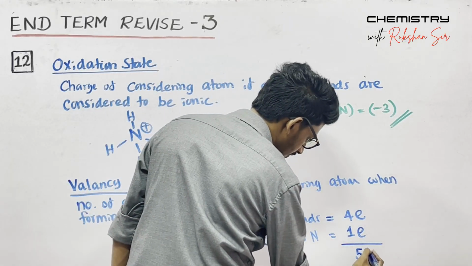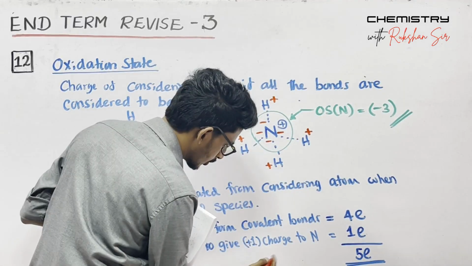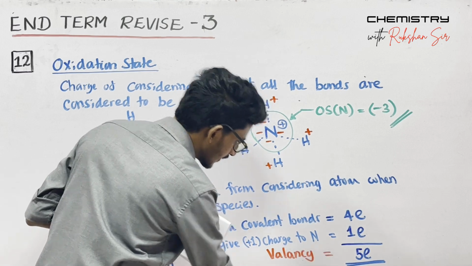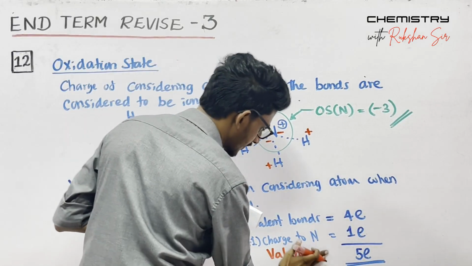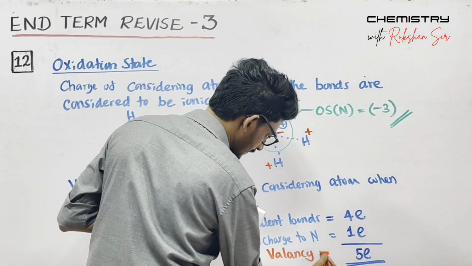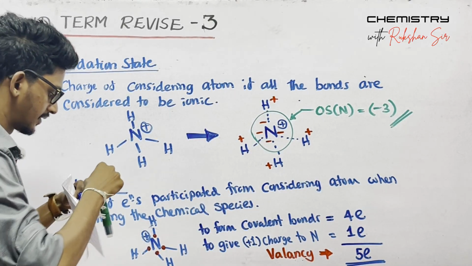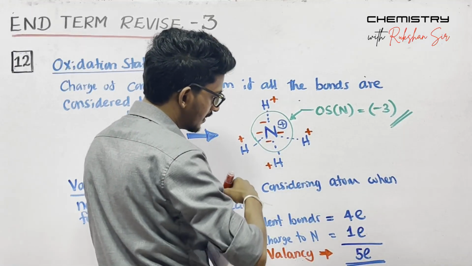5 electrons. So your valency is equal to coming up with 5 electrons. So we can say your valency is equal to 5.